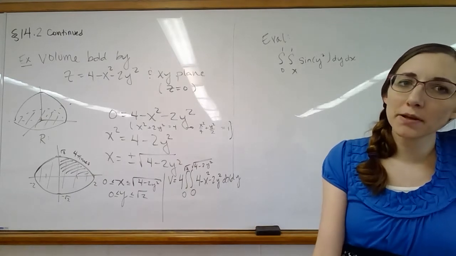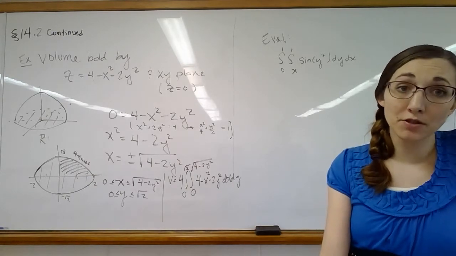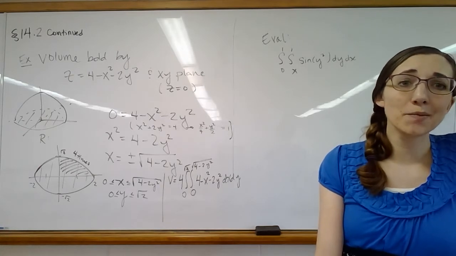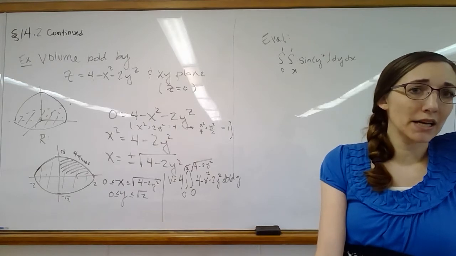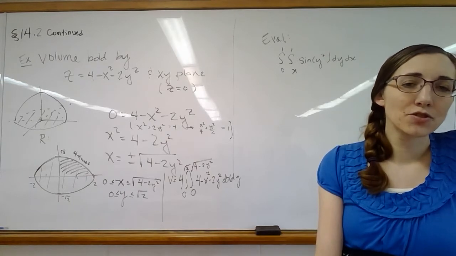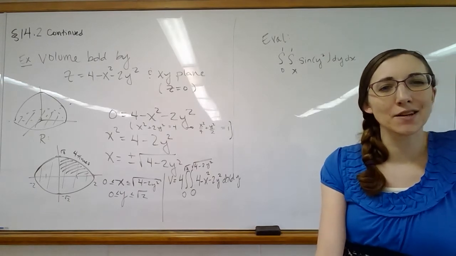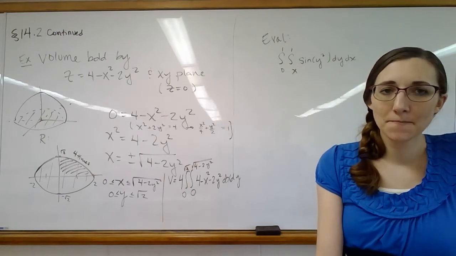Right? We would probably go to a u substitution of u is y squared, but then I don't have du. I don't have y dy in this integrand. So my u substitution is going to be tricky. It's not going to work.